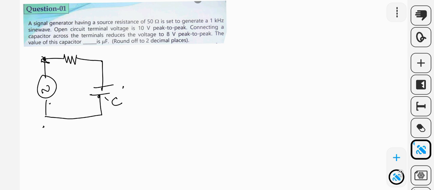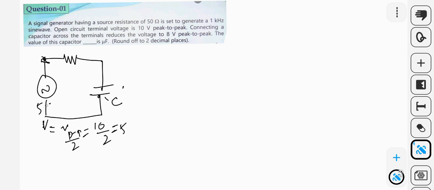They said the peak to peak voltage is 10 volts. If you want to write the value of just the peak voltage, it will be equal to peak to peak divided by 2. So 10 by 2, which is equal to 5.